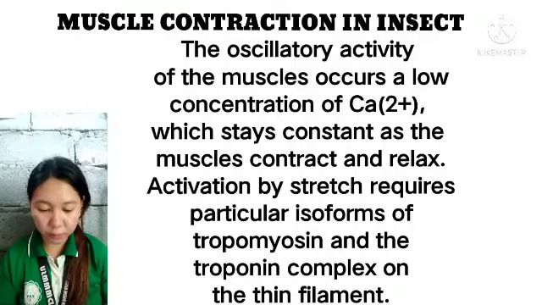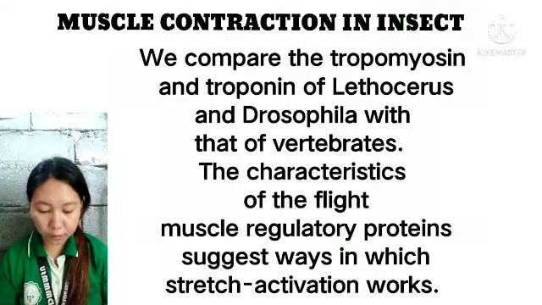Activation by stretch requires particular isoforms of tropomyosin and the troponin complex on the thin filament. We compare the tropomyosin and troponin of Lethocerus and Drosophila with that of vertebrates. The characteristics of the flight muscle regulatory proteins suggest ways in which stretch activation works.